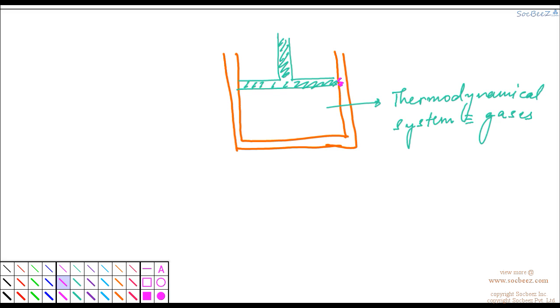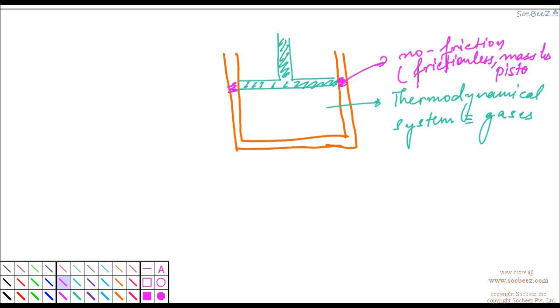So the gas is present here in the enclosed space. A very important property here is that there is no friction. So it's a frictionless and massless piston. It's just staying there to keep the volume fixed. That's the logic. Now there are various gas molecules here, so obviously this gas exerts some pressure in all directions.